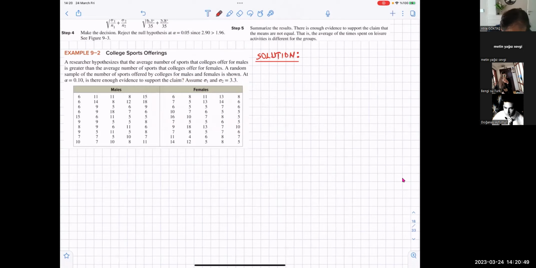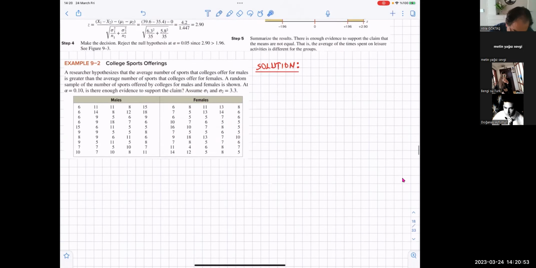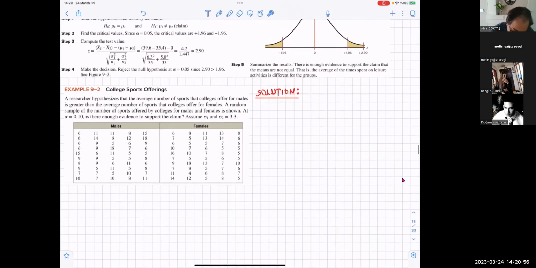Look at the claim. The claim is the average number of sports that colleges offer for males is greater than the average number of sports that colleges offer for females.